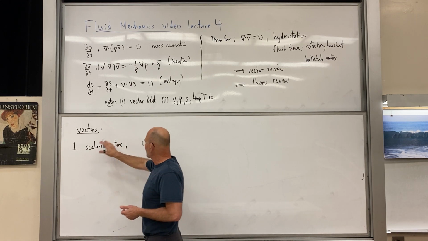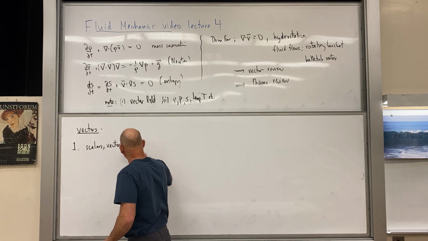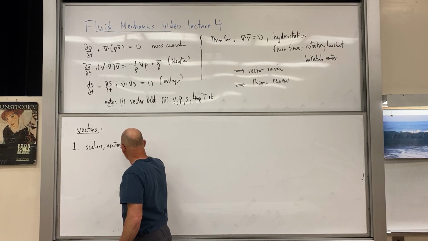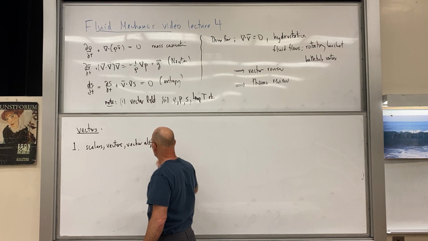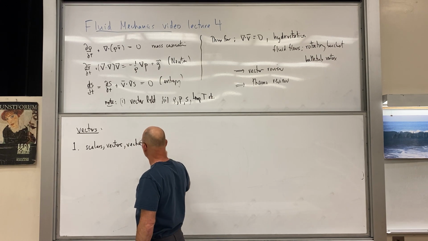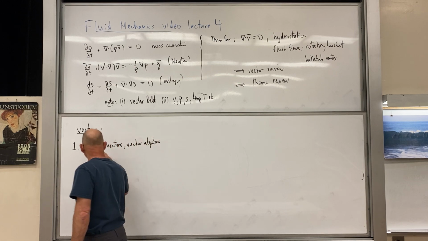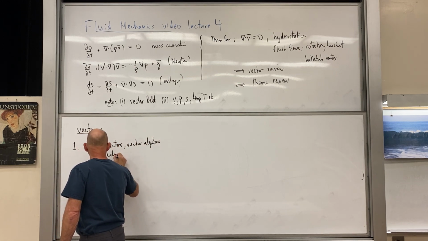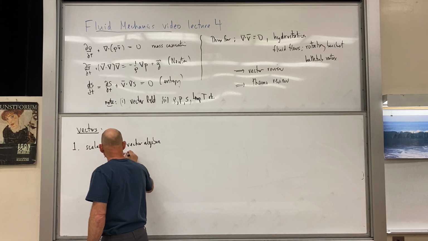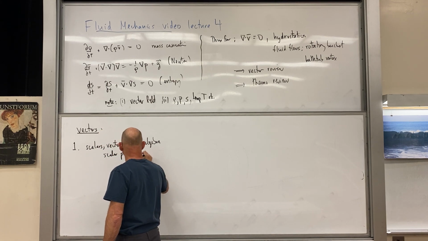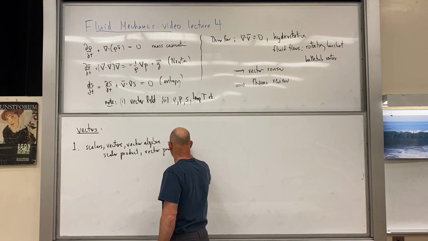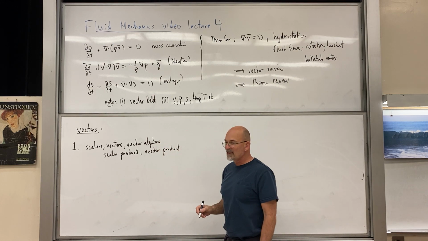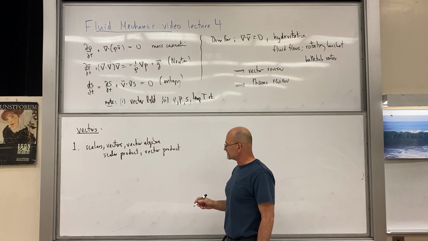So scalars, vectors, vector algebra, this would all be review. Scalar, vectors, vector algebra, and then we talk about the scalar product and the vector product. We'd probably be in Cartesian coordinates.